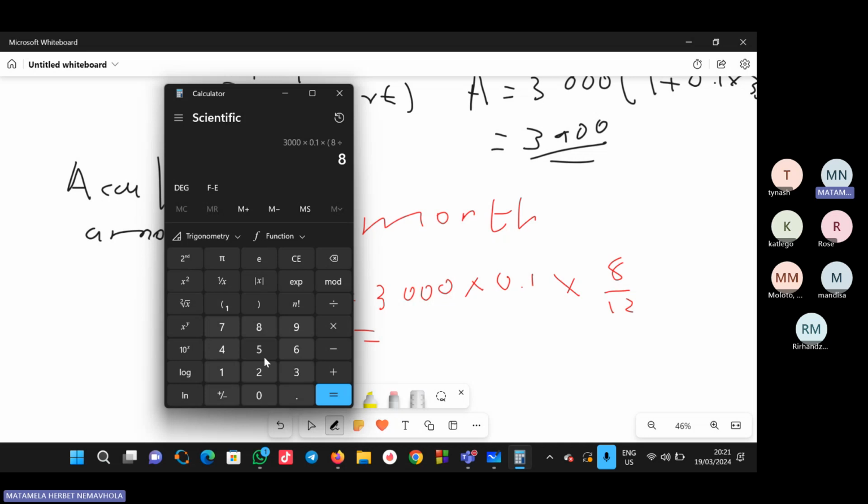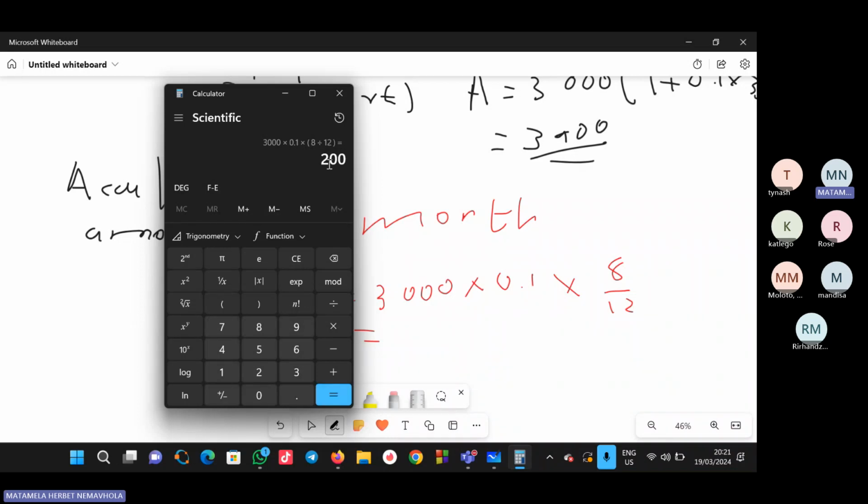I'm using a calculator which is not good, but on your scientific Casio calculator, the amount showing is 0,66.